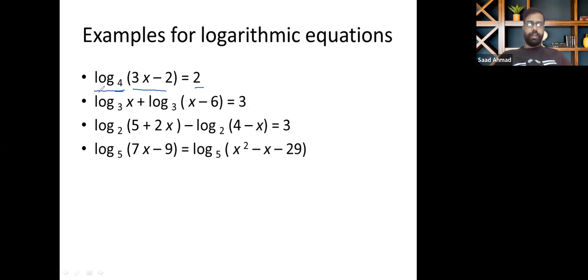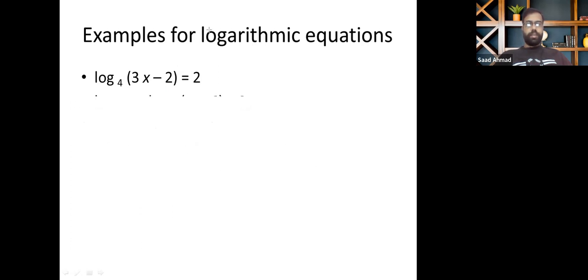They cancel out each other. So first of all, we will start by taking the exponent 4 on both sides, because the base is 4, so we will take the power 4.